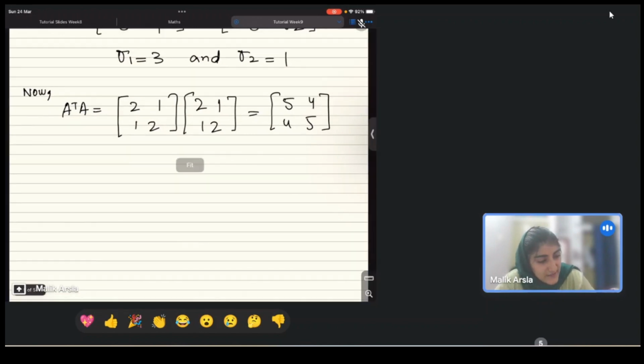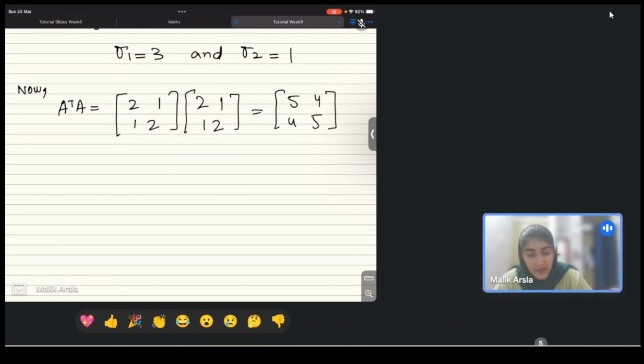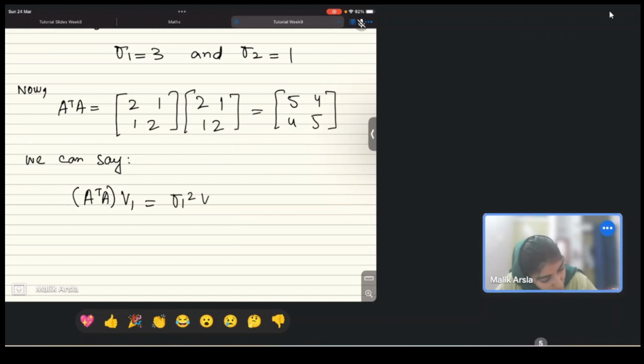So we can say that A transpose A into V1 is equal to sigma 1 square into V1. You know how I wrote this? Eigenvalues are basically what? We write that A V is equal to lambda into V, right?